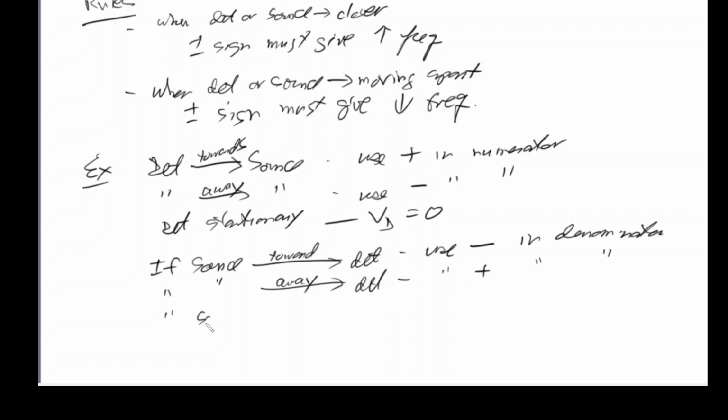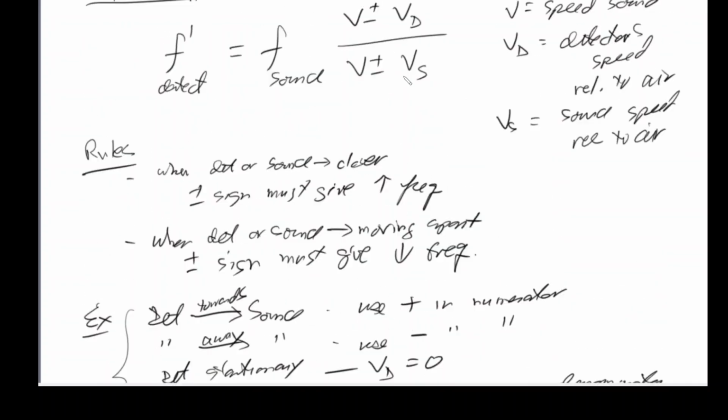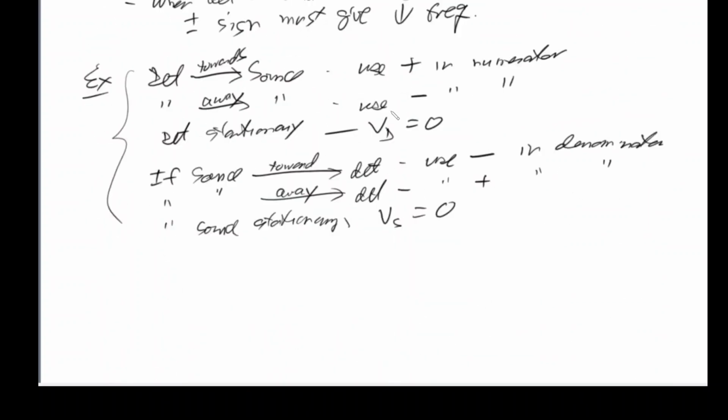And if the source is stationary, then the velocity of the source is equal to 0. So it sounds complicated, but you just have to follow these rules, especially these examples, to be able to know which plus or minus signs to use in the numerator and denominator.